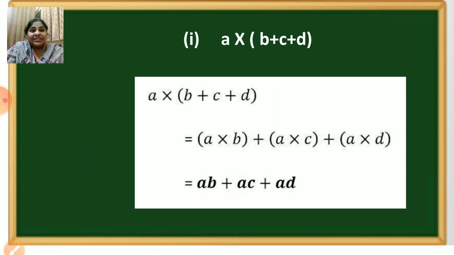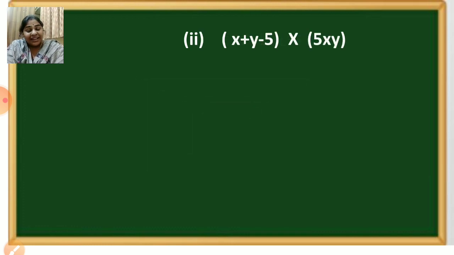So a multiplied by (b plus c plus d) is equal to a multiplied by b plus a multiplied by c plus a multiplied by d, which is nothing but ab plus ac plus ad. If you open the bracket and solve it one by one, it will be very easy. First multiply the coefficients if there are any, and then multiply the variables. I hope this is clear and easy too.